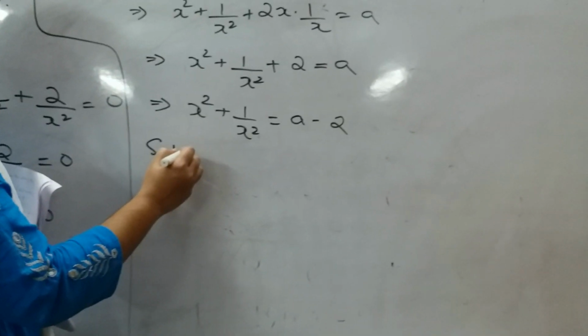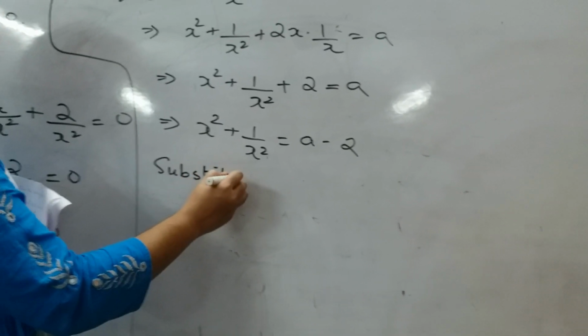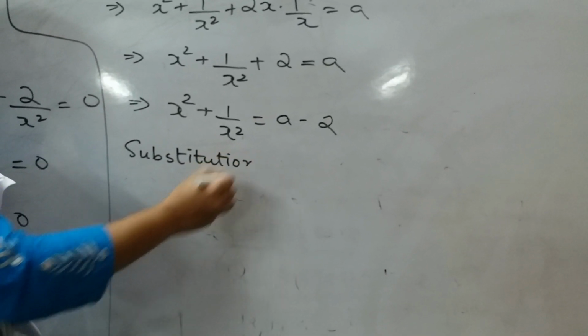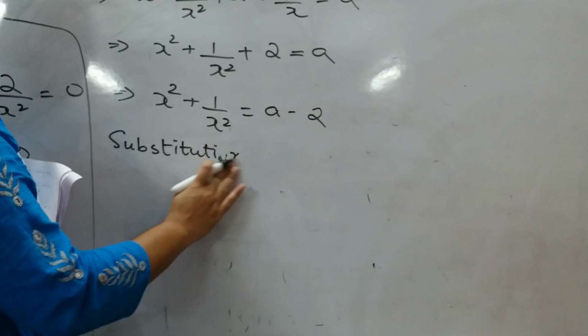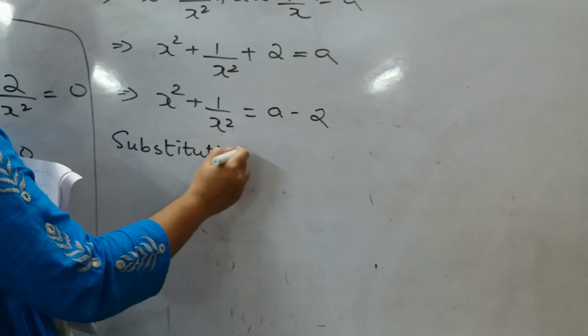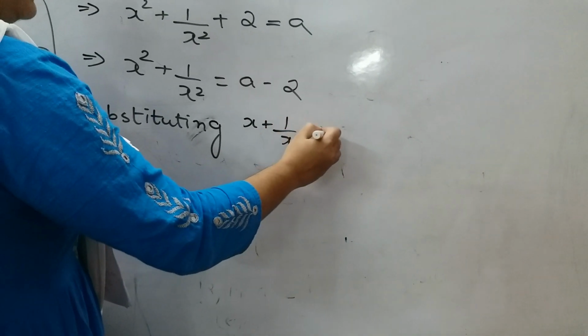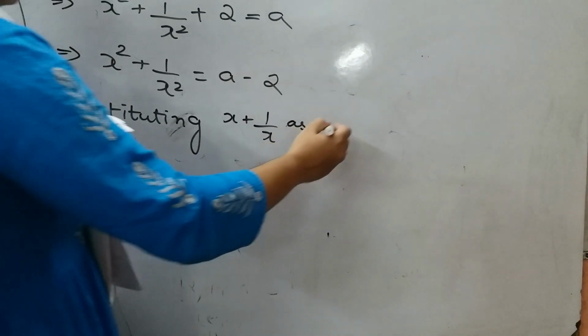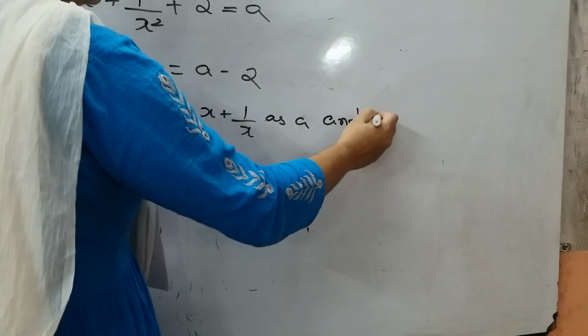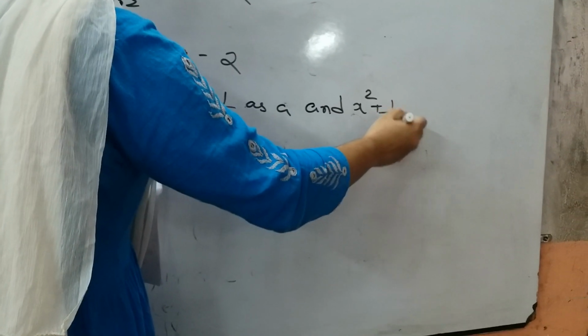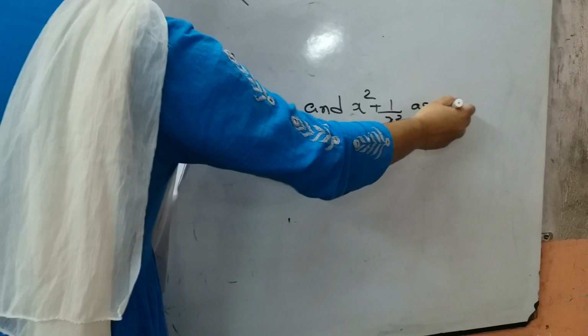Substituting x plus 1 by x as a, and x square plus 1 by x square as a square minus 2.